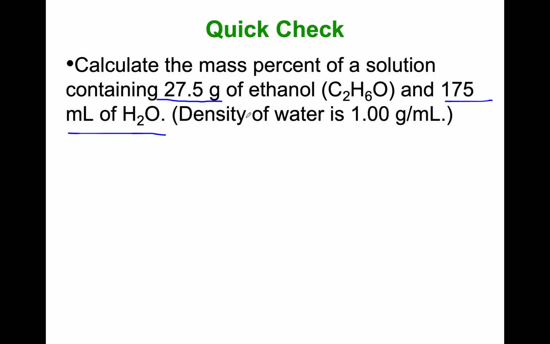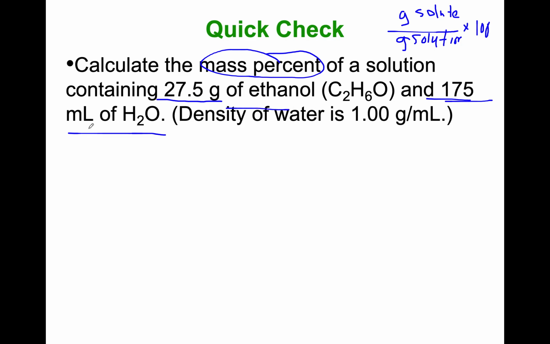So what you could have been doing during this time is saying mass percent, oh yeah, that's the grams of solute, and my denominator is grams of solution. What makes up the solution? Remember, that's the solute and the solvent. And remember, this is percent, so that involves multiplying it by 100. Okay, so 27.5 grams of ethanol and 175 mils of water.